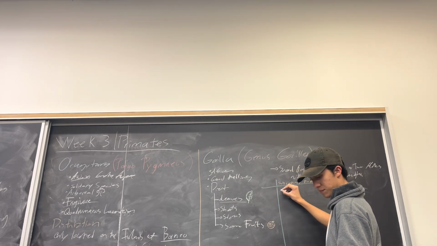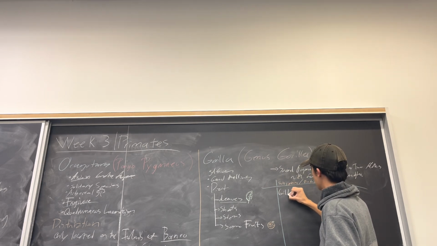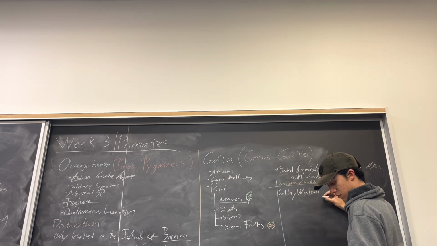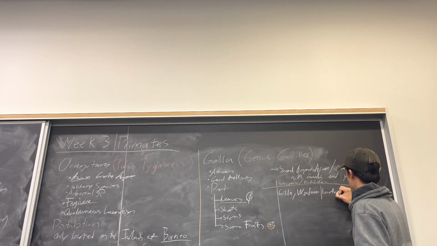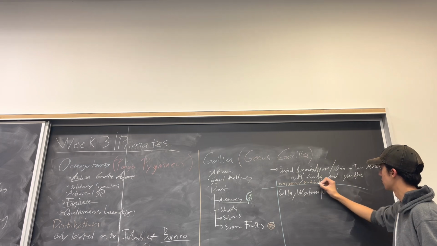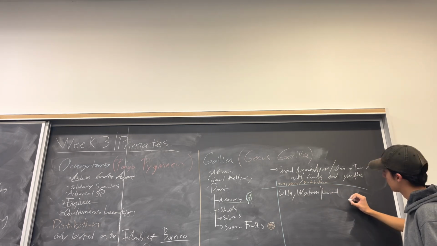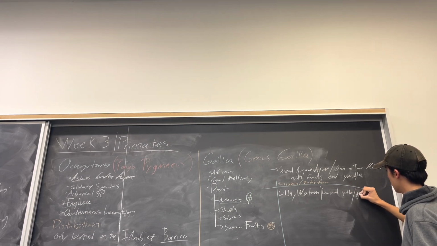So we have the western gorilla, which are located in lowland, and they are normally brown and gray.